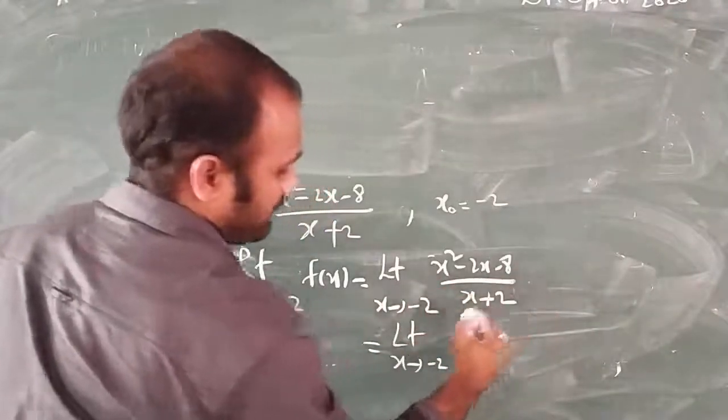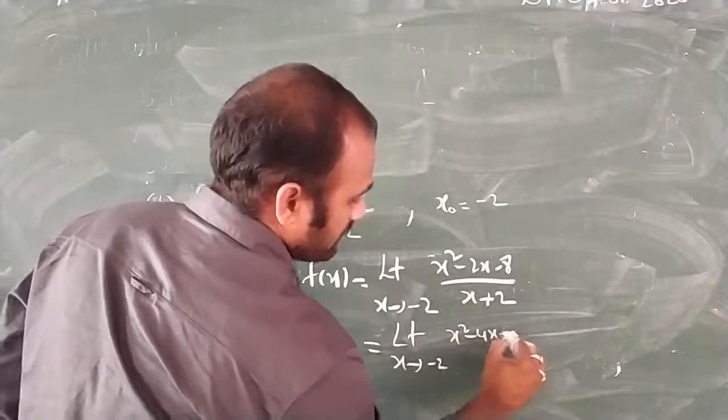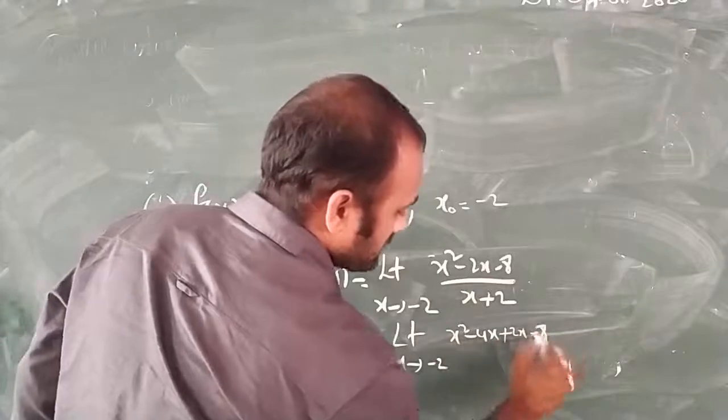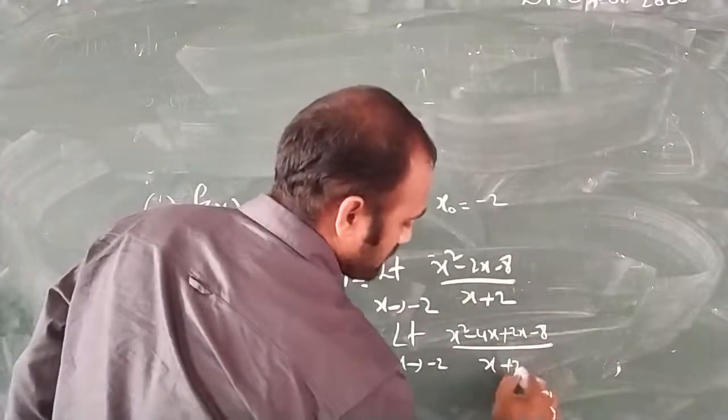So 8 can be written as x square minus 4x plus 2x minus 8 divided by x plus 2.